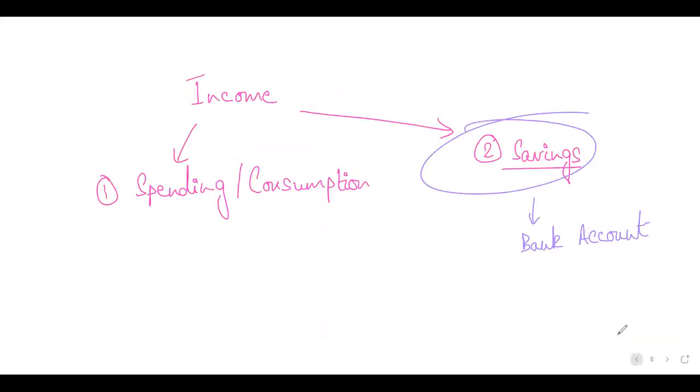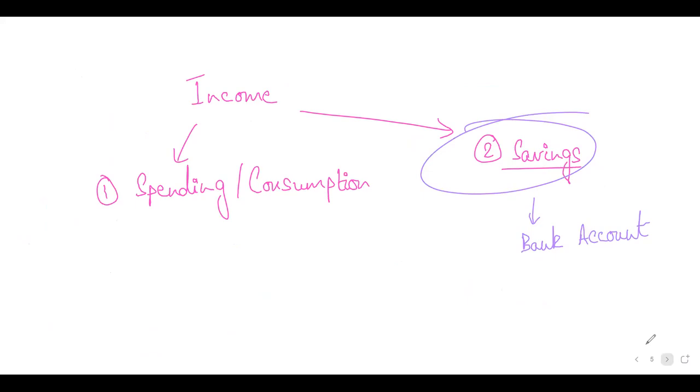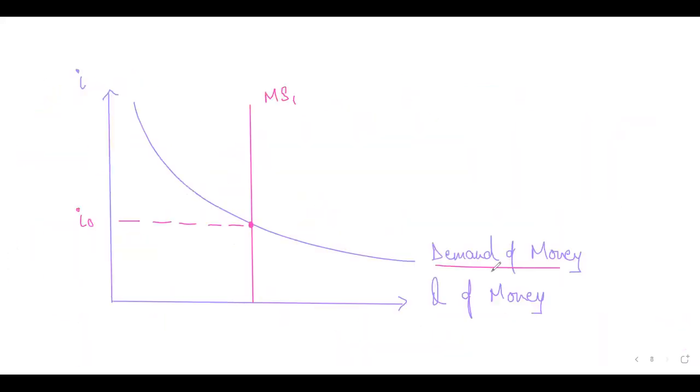Then, according to liquidity preference theory, who supplies money, or who prints currency notes in a country? We know this, right? It is the central bank that does that. Now this is a very important point for you to understand.